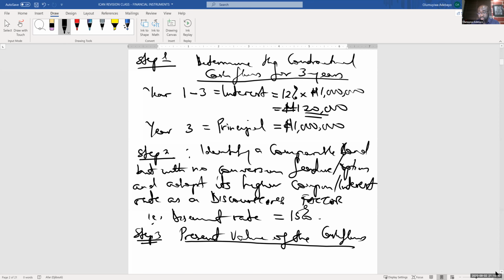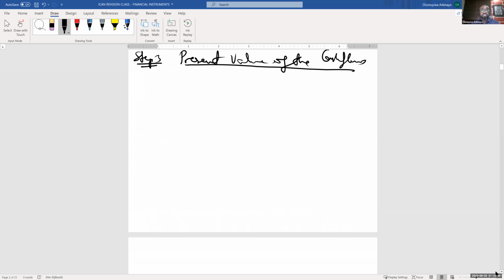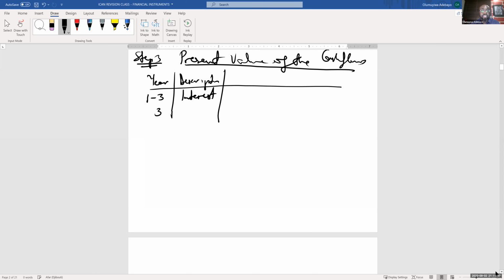Now, based on our tables, you can compute the present value. I have year 1 to 3 and year 3. What is my description? Interest is constant over the years.